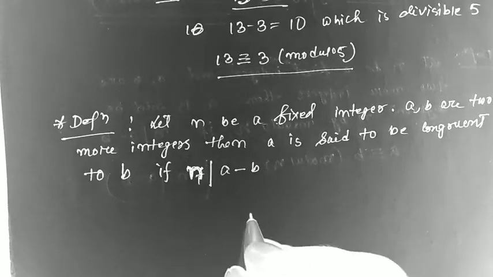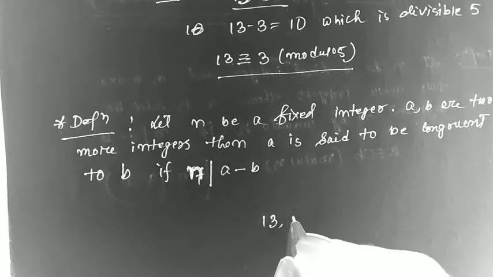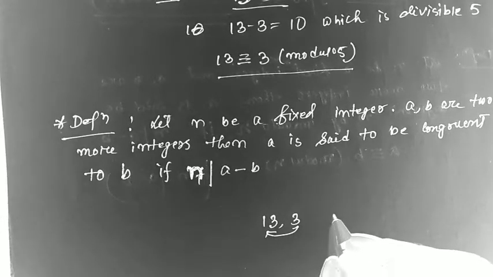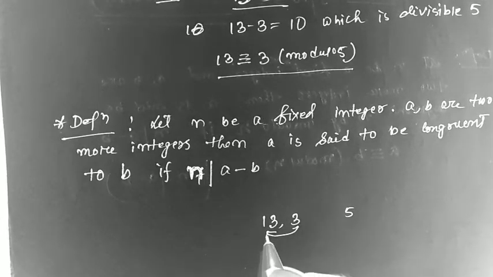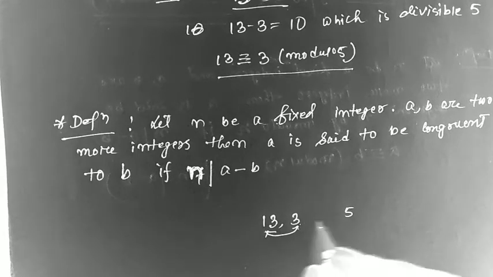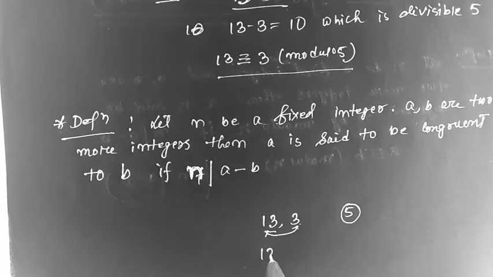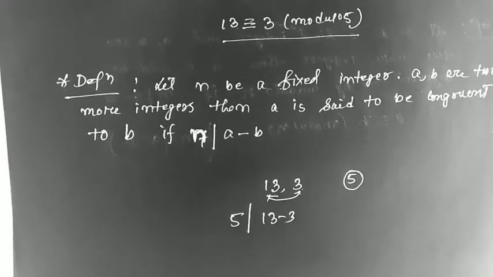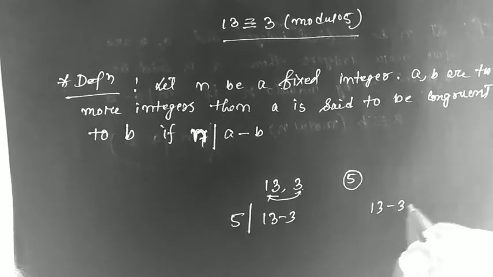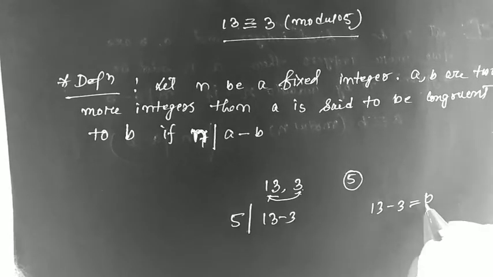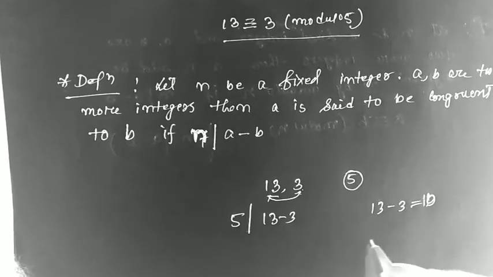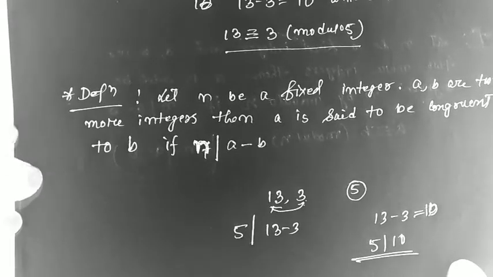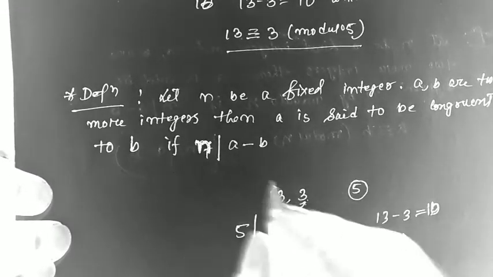Suppose, as an example, we take 13 and 3. 13 is said to be congruent to 3 with modulo 5 if 13 minus 3 is divisible by 5. So 13 minus 3 means 10, and 5 divides 10. So this is the special arrangement of these things.